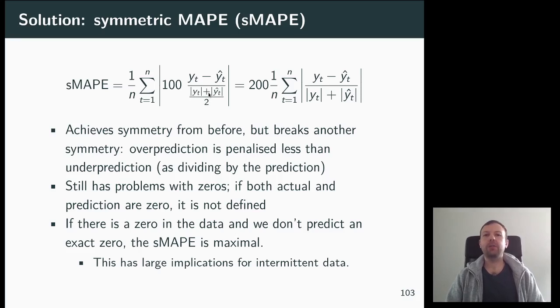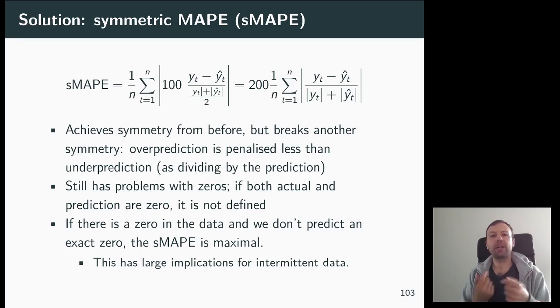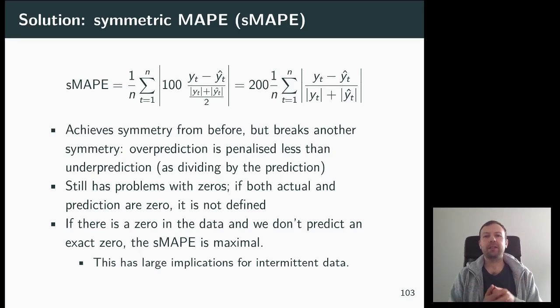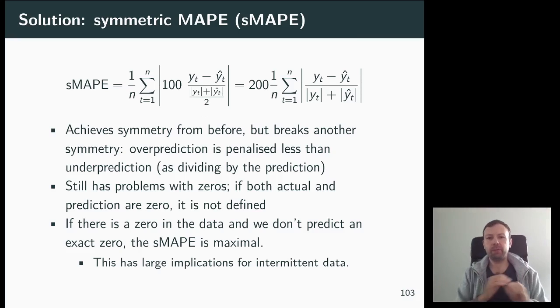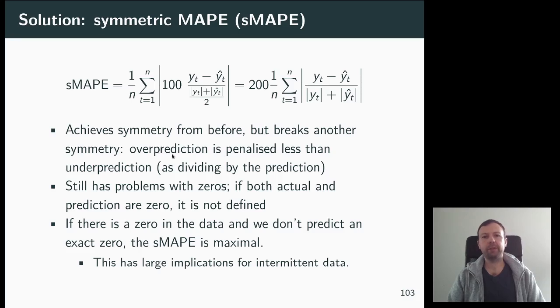Now you get the symmetry that the MAPE doesn't have, but you break another symmetry. Let's say your true value is 3, and you predict 2 too much, which is 5, or 2 too few, which is 1. These two will give you different errors now, because you're dividing by the prediction, so the bigger the prediction is, the smaller the sMAPE will be. So you're effectively penalizing over-prediction less than under-prediction.